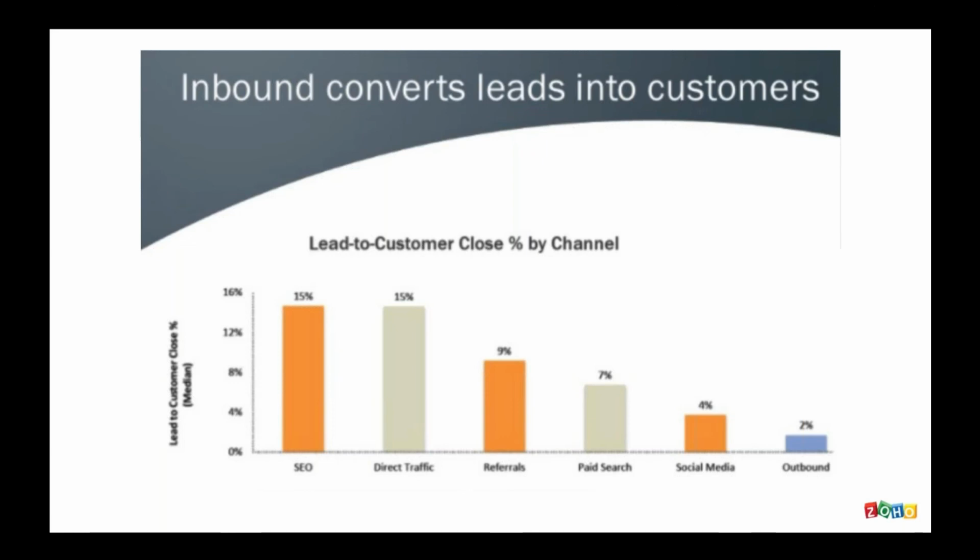Okay. So what are the different inbound marketing techniques that you can use for your business? The first is SEO, which has a 15% closure rate of converting leads into customers. So that's really good, right? And then direct traffic. So what is direct traffic? Let's say that you put out a blog that talks about the overall state of SaaS in business in 2018.